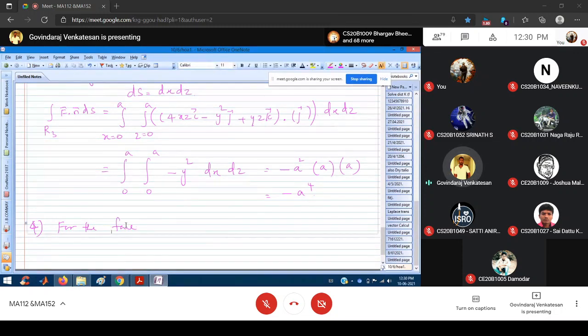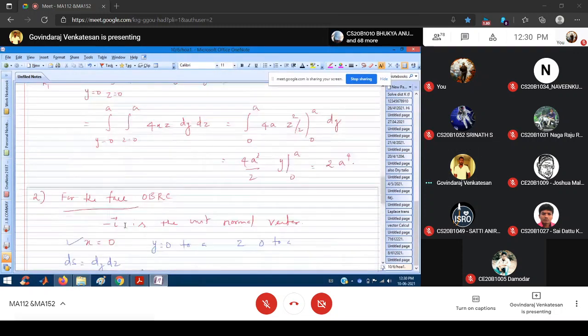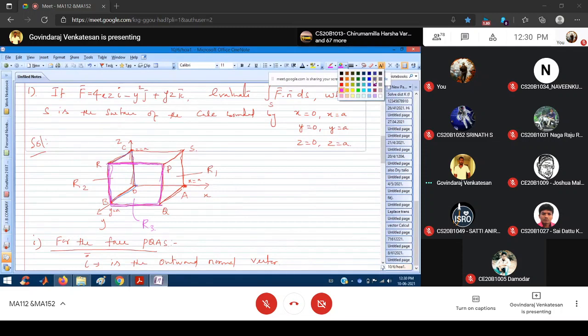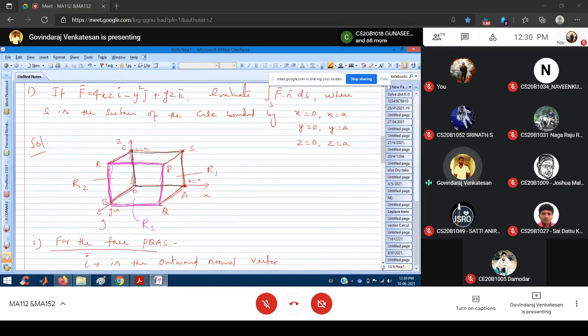What is the direct opposite face? AOCS. This is our region R4.